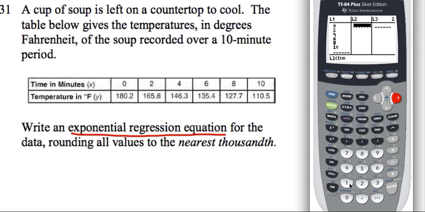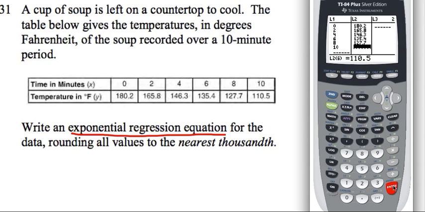Here we have 180.2 and then 165.8 and 146.3 and 135.4 and 127.7 and 110.5.